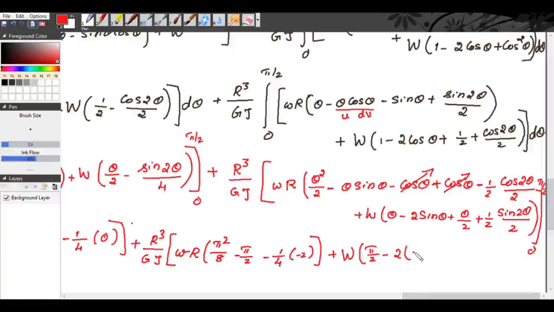So 2 into 1, plus theta by 2. So theta is pi by 2, so pi by 4, plus 1 by 2 into 1 by 4 into sine 2 theta. That is sine pi. When you substitute pi by 2, sine pi is 0, sine 0 is 0. So you get 0.